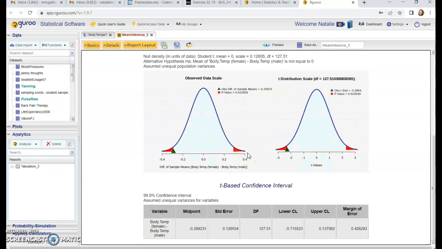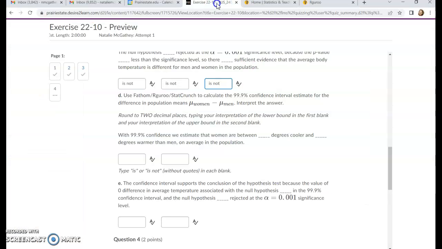Okay, all the way at the bottom here, the lower bound is negative 0.716, the upper confidence bound is 0.137. So now let's go ahead and read how we're supposed to type this in. We're going to round to 2 places, and we have to interpret what it means.